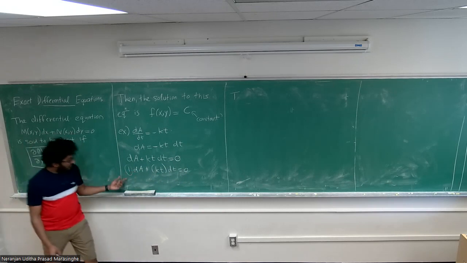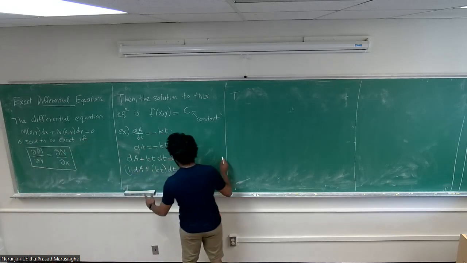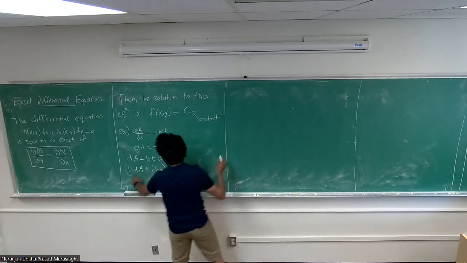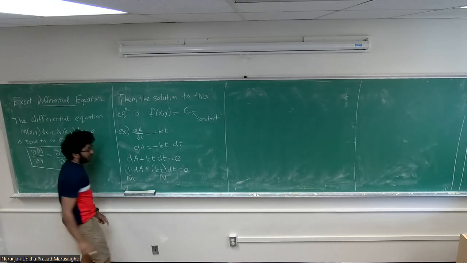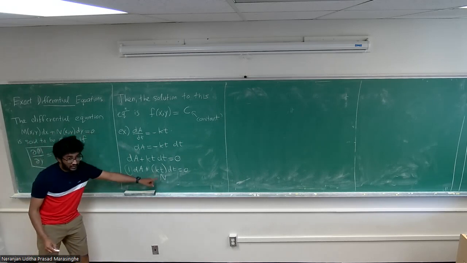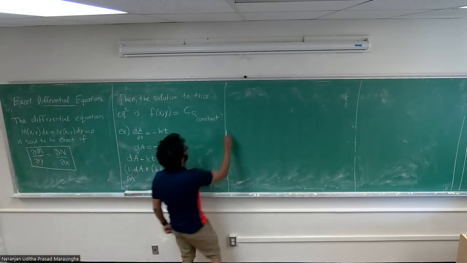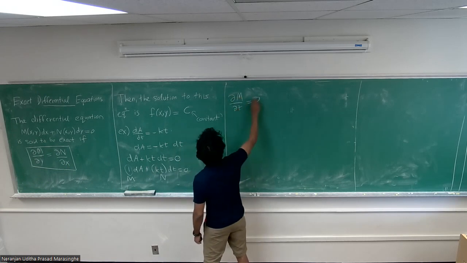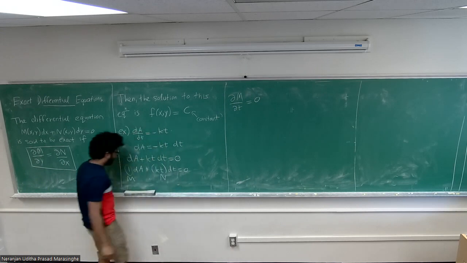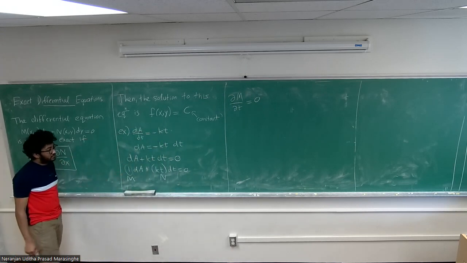I would call this 1 as M, and this is N. So what is the partial derivative of M with respect to t? This is equal to 0, because 1 is a constant.